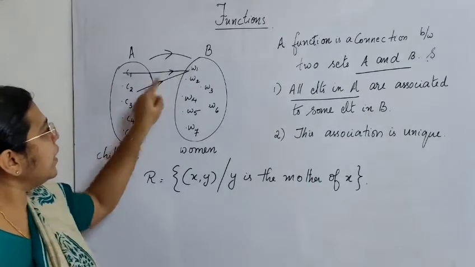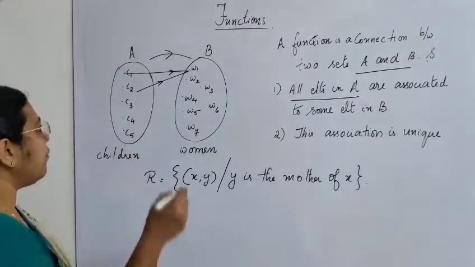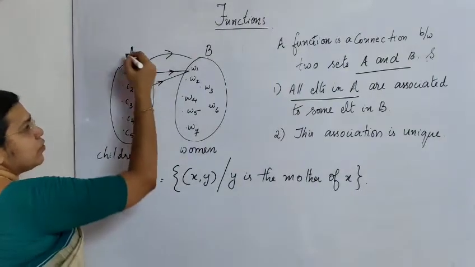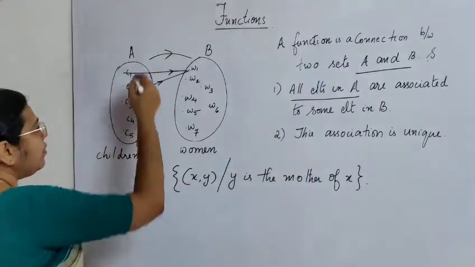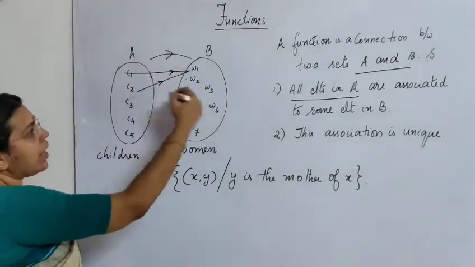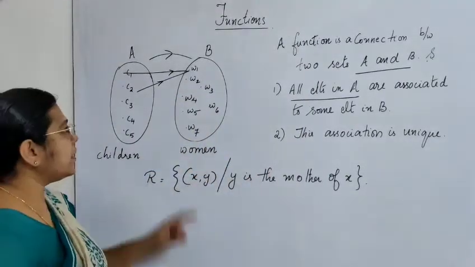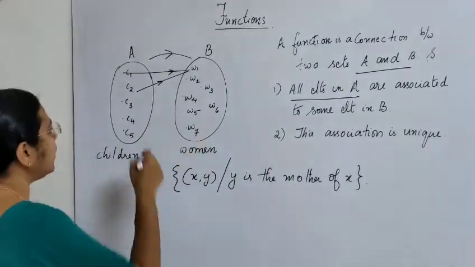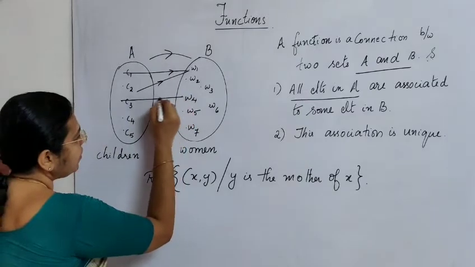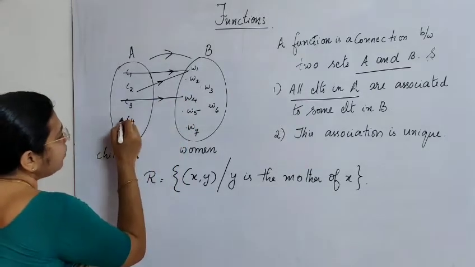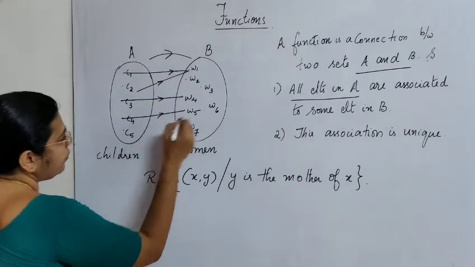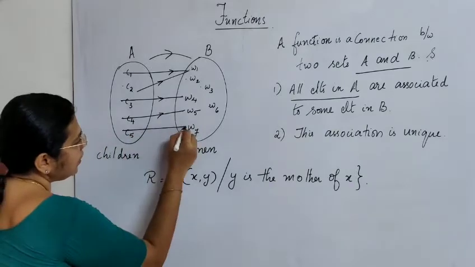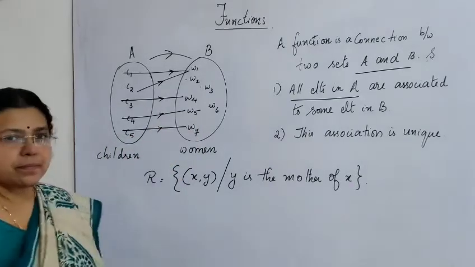So, this way I can say that for every element that belongs to set A, for every child here, there will be a mother in the other set. Am I clear? So I can say that C3 is associated to W4, C4 is associated to W5, C5 is associated to W7.